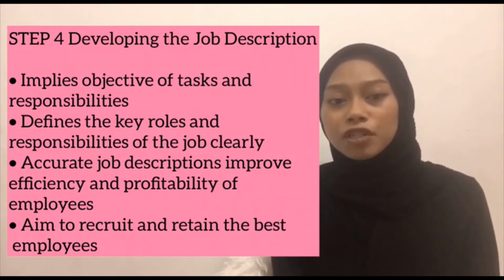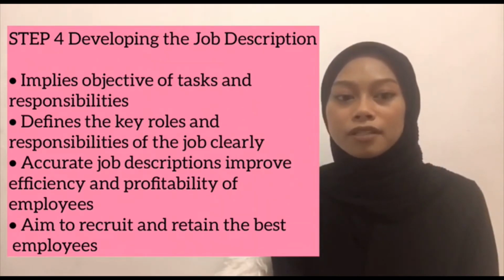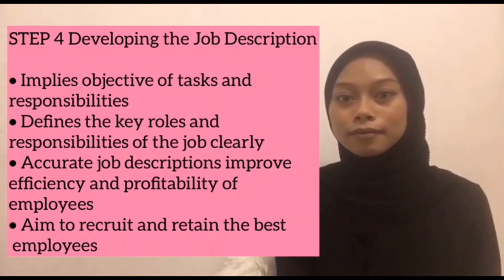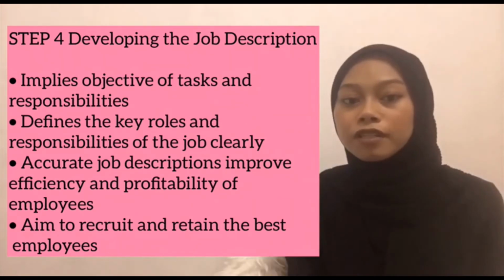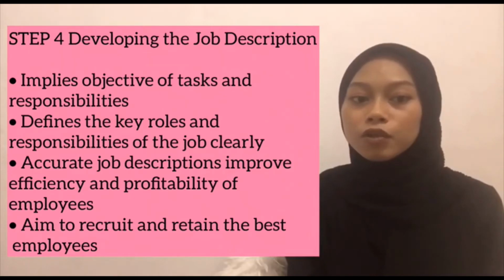Job descriptions aim to recruit and retain the best employees as they indicate that a company is organized, well-managed, and fair. A job description briefly describes the type of job and usually includes the duties of the job.